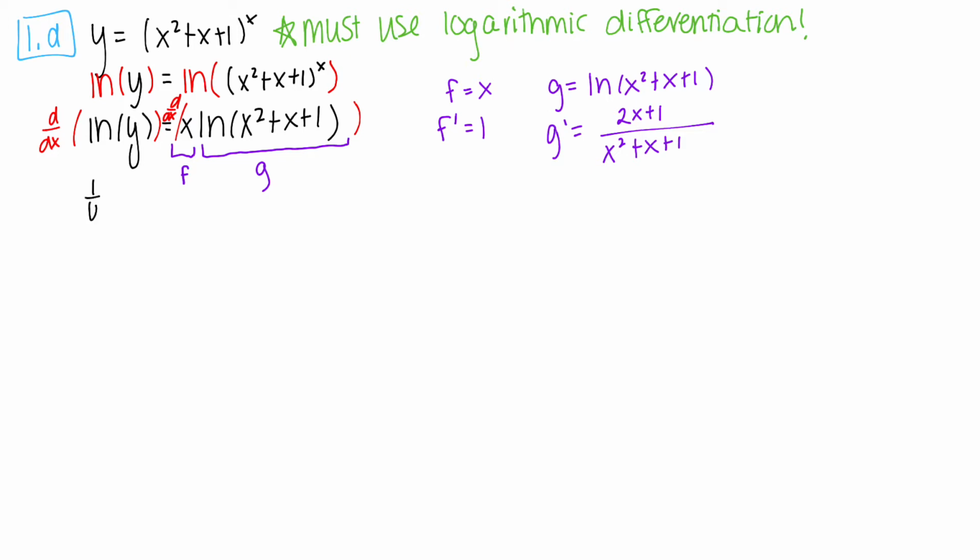We get 1 over y, and then it's implicit differentiation here, so dy dx is equal to, using product rule here, it should be f prime g, so 1 times ln of x squared plus x plus 1, plus g prime, so 2x plus 1 over x squared plus x plus 1, times f.